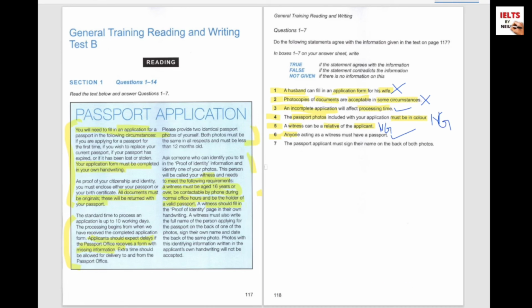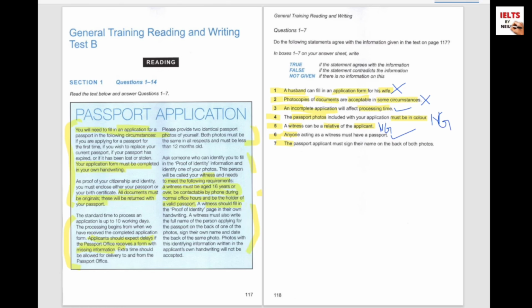Okay, last question now. The passport application must sign their name. Sorry, that's a passport applicant, not application. The passport applicant must sign their name on the back of both photos. Okay, so information was somewhere in the last of this paragraph here.